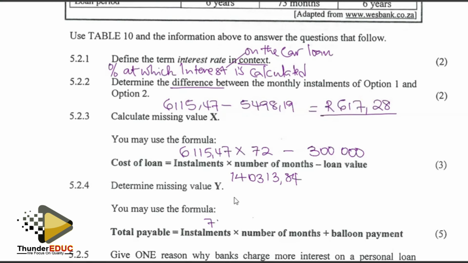Then the value of y, installments. They are looking at 73 times the number of months. Sorry, installment, the amount paid per month, which is 5,498.19 times 73 plus the balloon, which is calculated at 20% of the cash price.